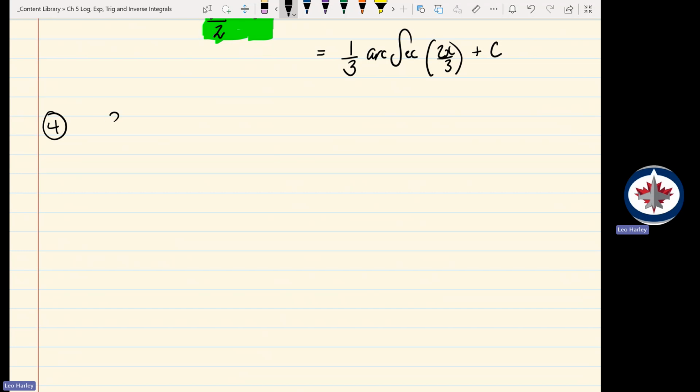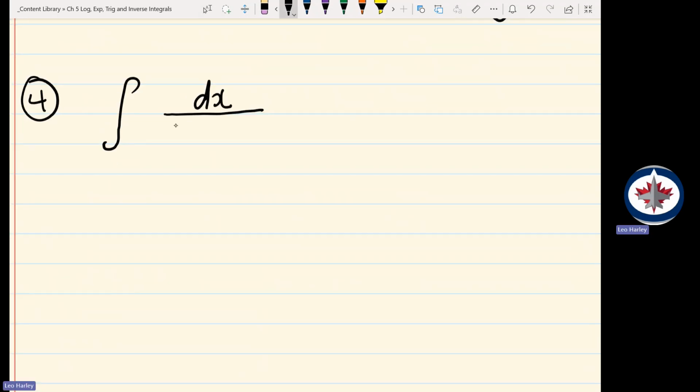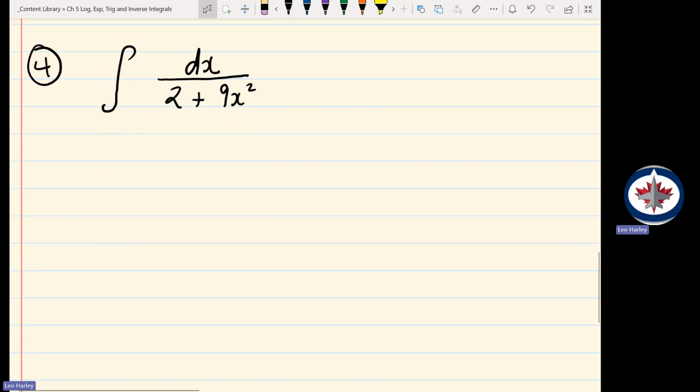Number 4, can you consider the integral? Obviously, it's going to be a fraction, and downstairs you've got 2 plus 9x squared. Can you find me the integral of this rather friendly rational function?